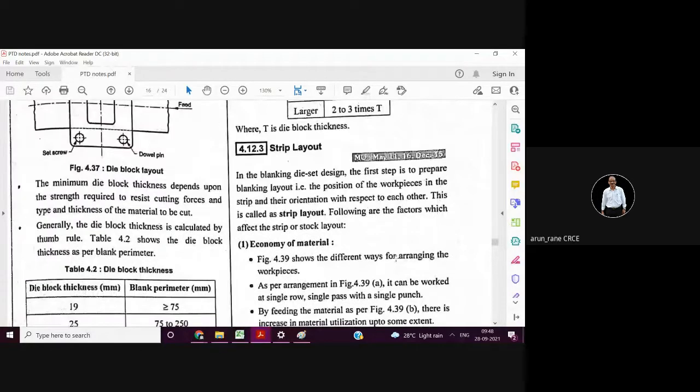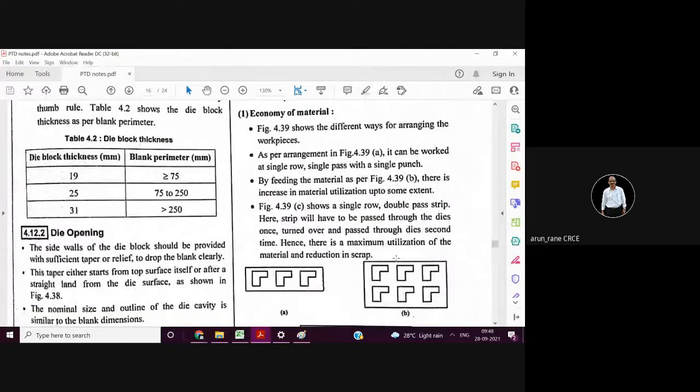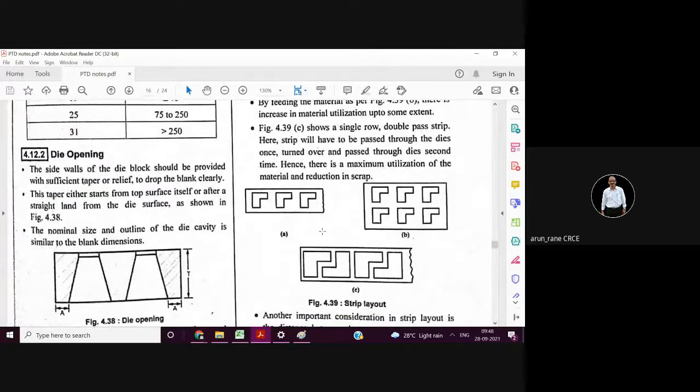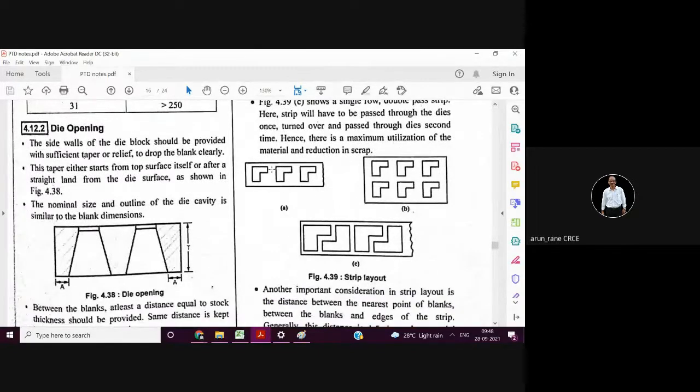Now, the first step is to design the strip layout. Here see, it is an L-shaped component. So you can keep it like this. This is simple, your die will also become simple, but your utilization will be less. This is preferred because the scrap is going to be less, but then the die design will be a little complex, because here one punch is there, here there is a punch.